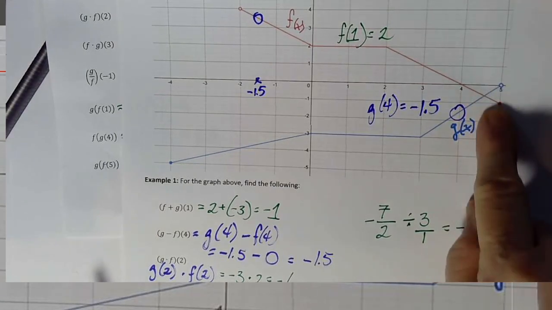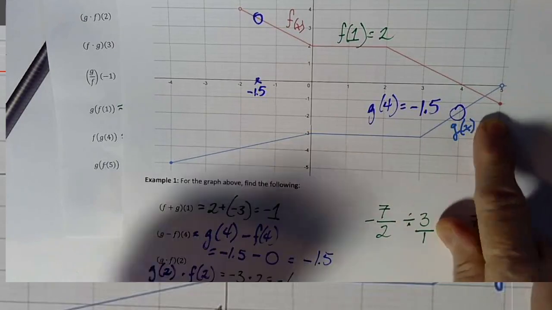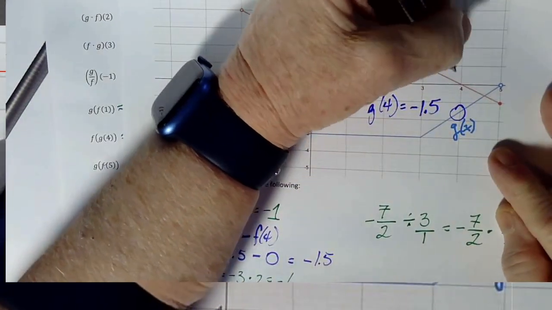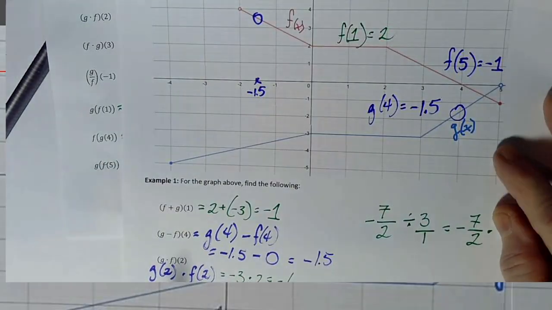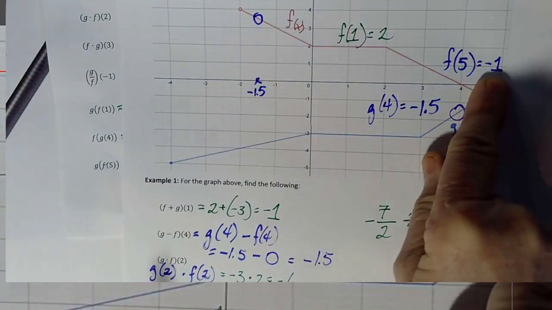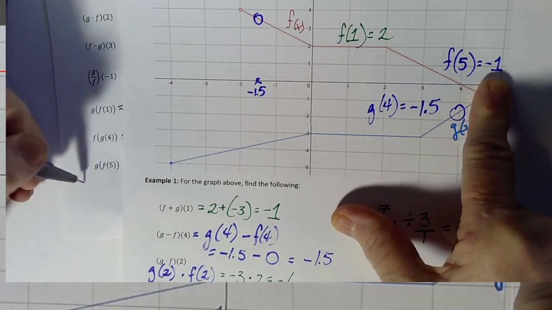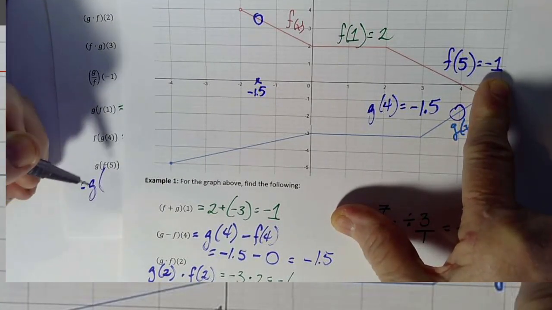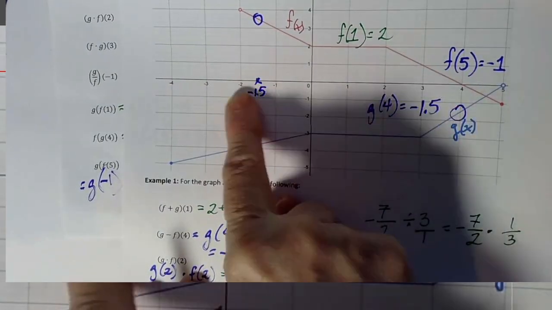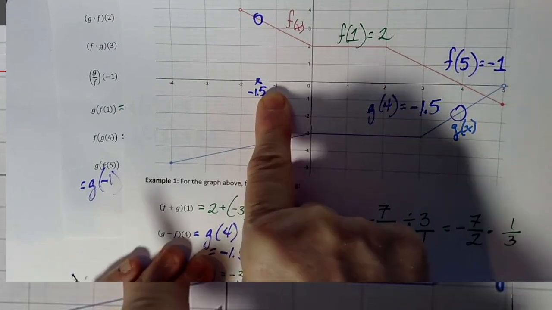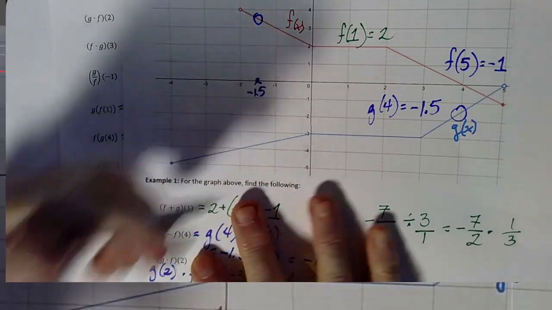At x equals 5, f of 5 is negative 1. That's the value we're going to plug into g. So we want to find g of negative 1. So we're going to go on the x-axis, negative 1, go down to g, and we get negative 3.5.